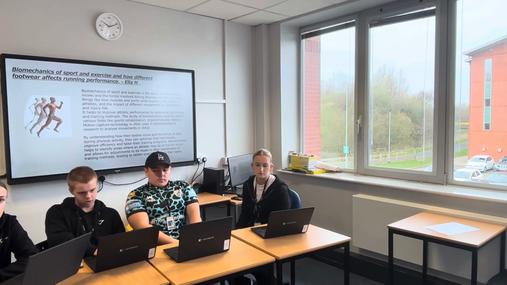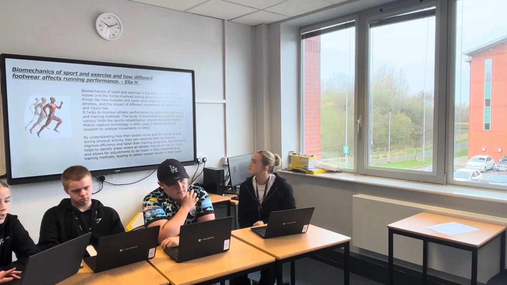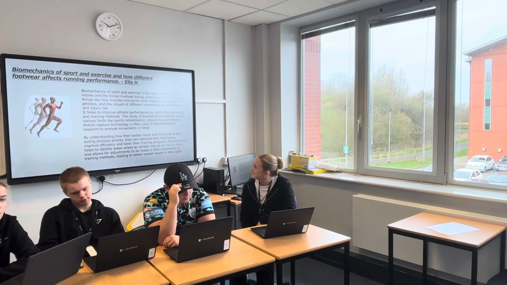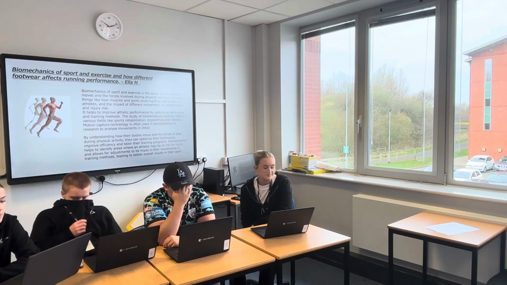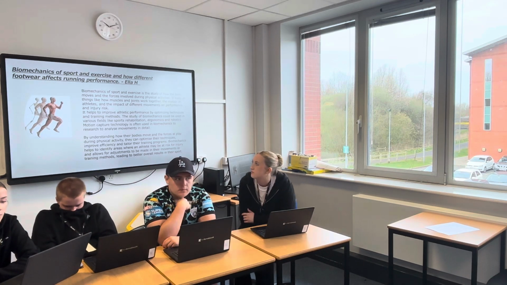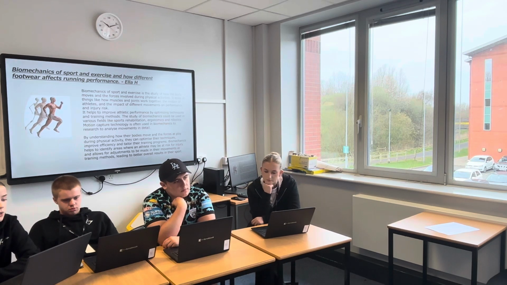It helps to improve athletic performance by optimising techniques and training methods. The study of biomechanics could be used in various fields like sports rehabilitation, ergonomics and robotics. Motion capture technology is often used in biomechanics research to analyse movements in detail.